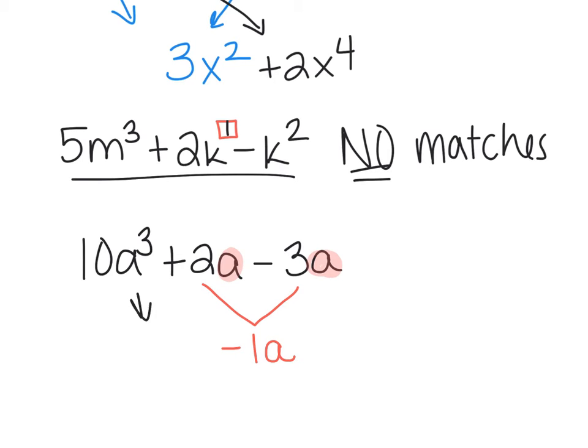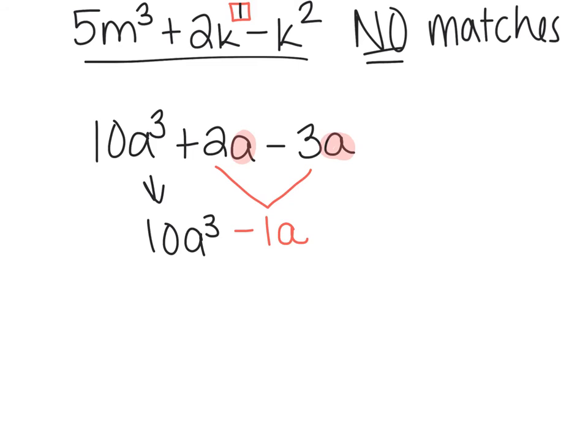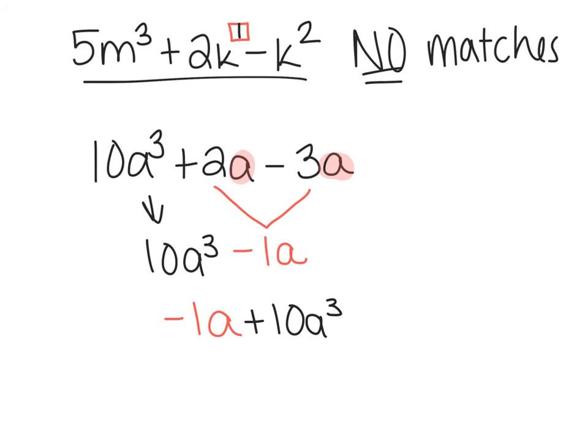And then again, I'm just going to bring it down. 10a cubed, we didn't use it, but it's still part of the problem. You could have also written this as negative 1a and then brought the positive 10a to the third to the other side. That's perfectly fine.